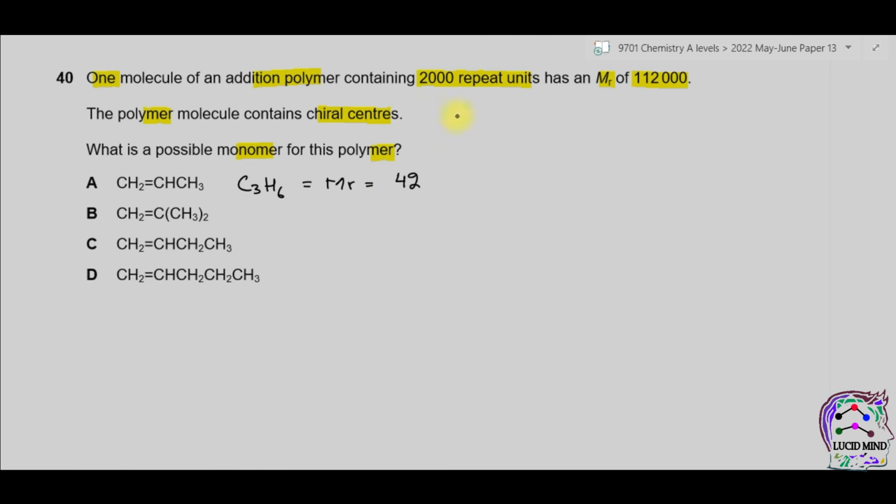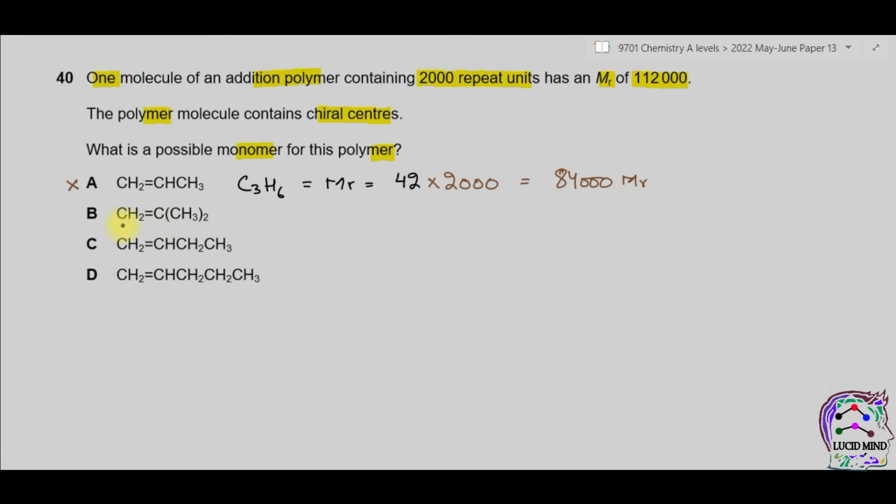So as we have 2000 repeat units, so if this is repeating 2000 times, so we can multiply it with 2000. The molecular mass will be 84,000 for polymer. But it should be 112, so this is wrong. For second one, let's do the same.